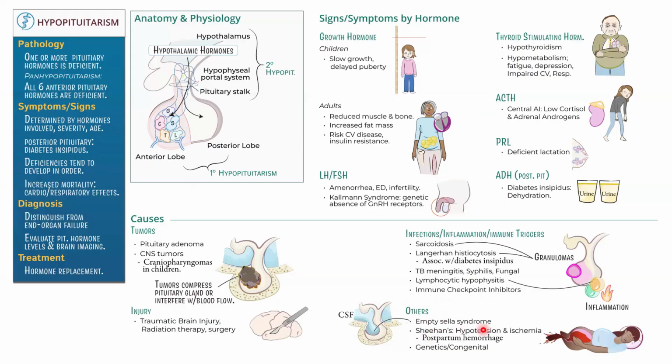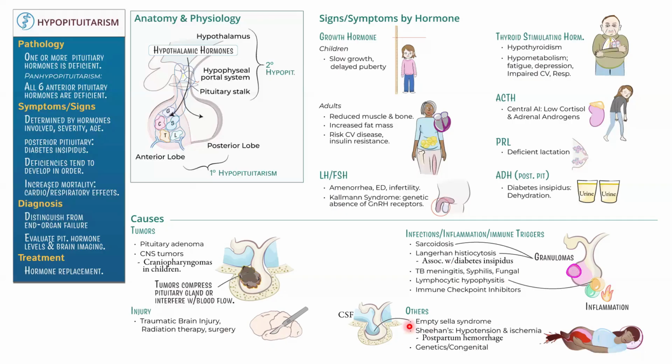Another one is Sheehan's syndrome. Sheehan's syndrome occurs after delivery, especially for pregnant women, where we'll have postpartum hemorrhage.